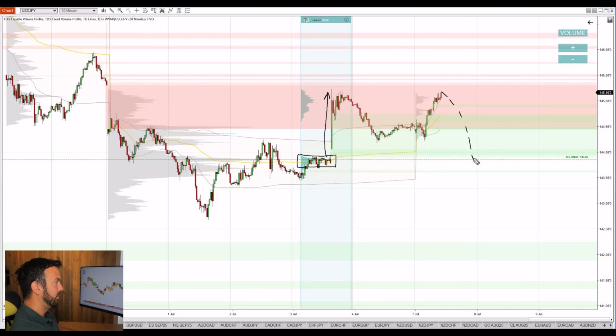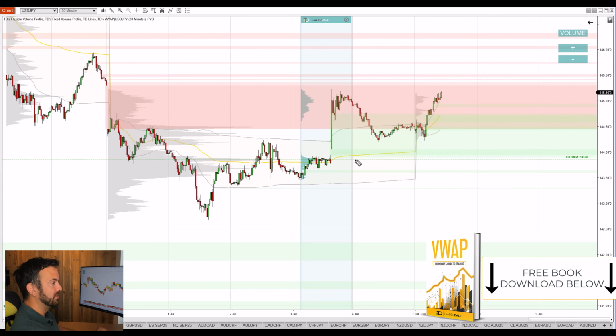Then you wait for a pullback and take it from that level, like this, right? Because buyers should become active here. Those buyers who were accumulating the long positions here and then pushed the price upwards, it is those buyers we are counting on to become active and push the price upwards. So that's the first thing, the volume profile setup, the accumulation setup.